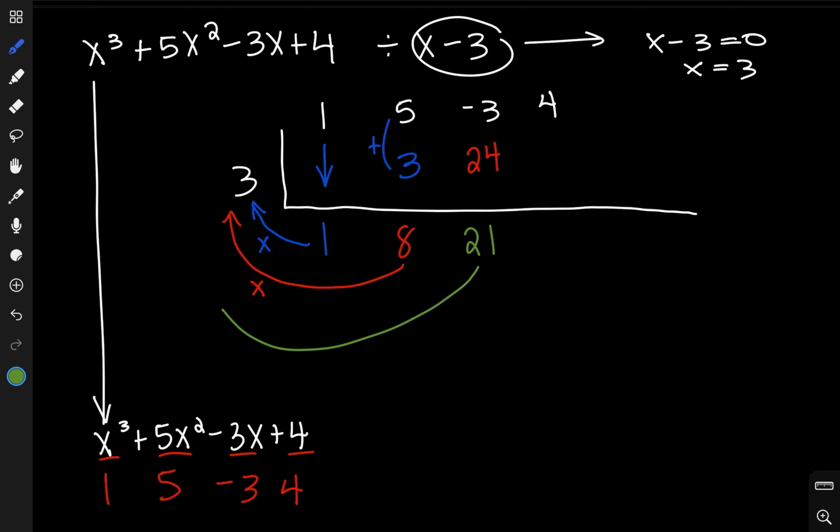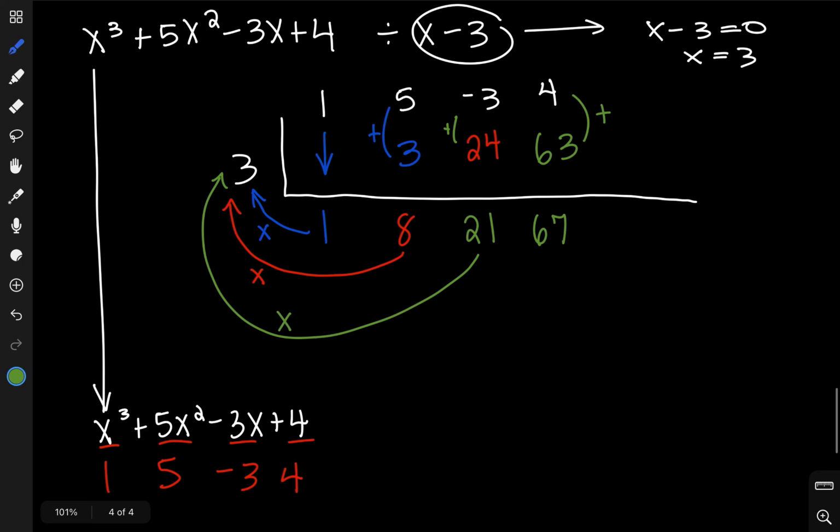You're going to do 21 times 3, and you do that out. 63. And add them. You're going to add them. So 63 plus 4 is 67. That's fine.